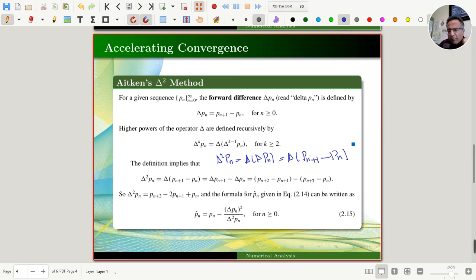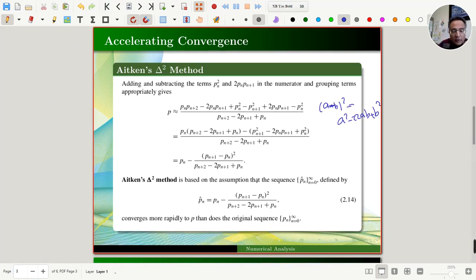If we apply the minus in the parentheses, we will get delta squared Pn is Pn plus 2 minus 2 Pn plus 1 plus Pn, which is exactly the denominator of this one. In fact, this is exactly delta squared Pn. And here we will have delta Pn squared.